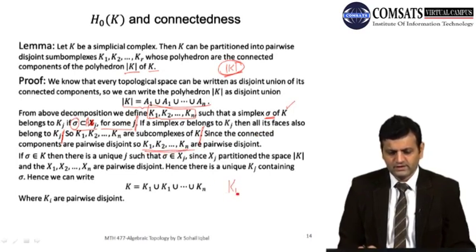So what is the underlying space of K1? This is A1. What is the underlying space of K2? This is A2, and so on, and these Ai's are disjoint, so that's why K1 up to Kn are disjoint.